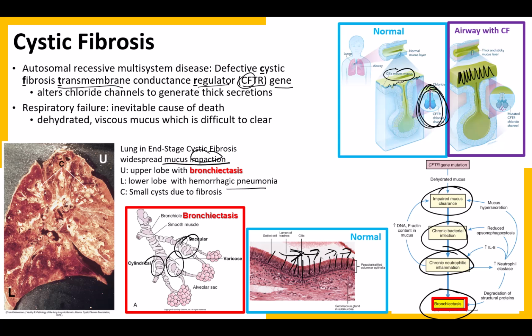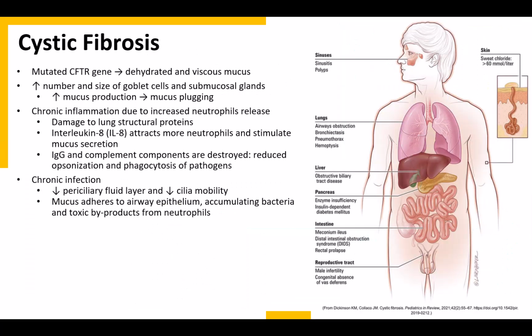As I said, cystic fibrosis is a multi-system disease. So in this slide over here, you've got just the different systems that it can affect. So obviously it can affect the respiratory system, but it can also cause obstructive biliary tract disease. It can cause distal intestinal obstruction syndrome.